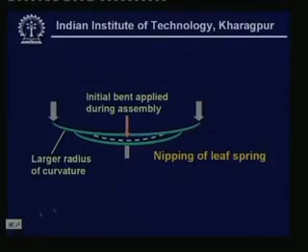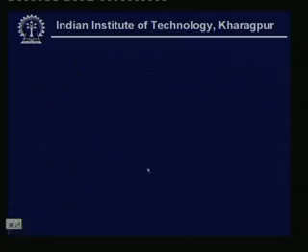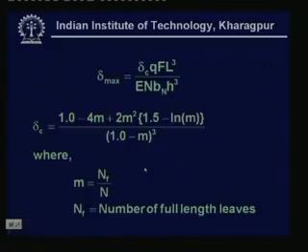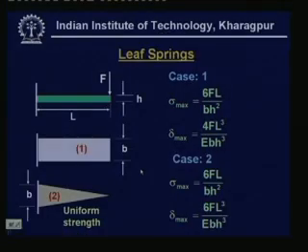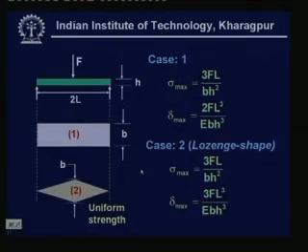So, very quickly, if we revisit the leaf spring, first of all the design is a simple leaf. Just look at the board, simple leaf spring coming over here, you get the equations.